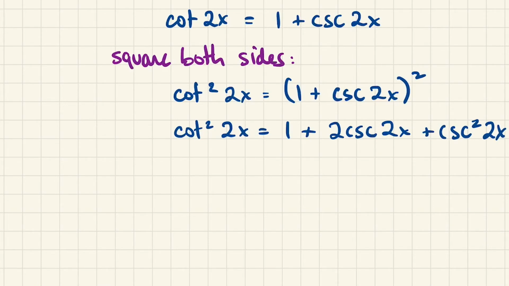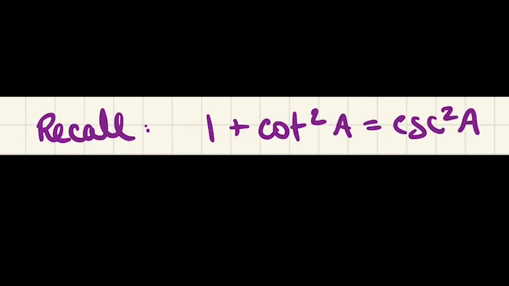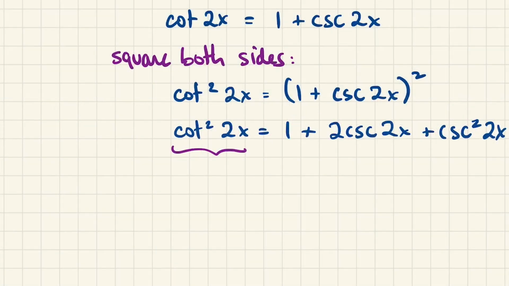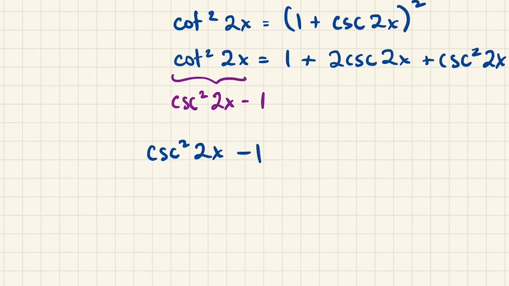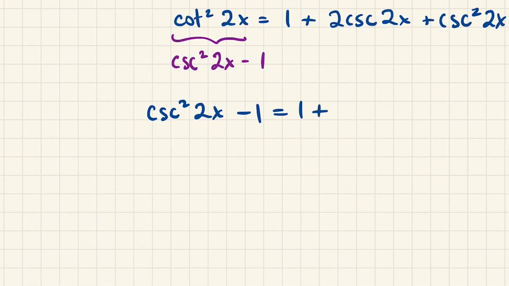And now we should just convert this guy to cosecants. And we know cotangent squared, according to the identity above, is cosecant squared minus 1. So this is going to be cosecant squared of 2x minus 1 equals 1 plus 2 cosecant of 2x plus cosecant squared of 2x.